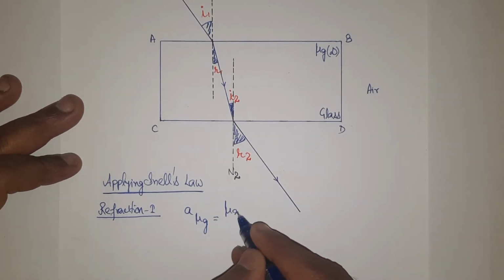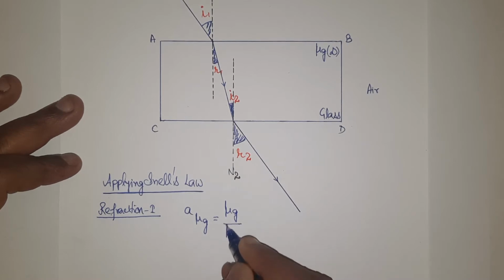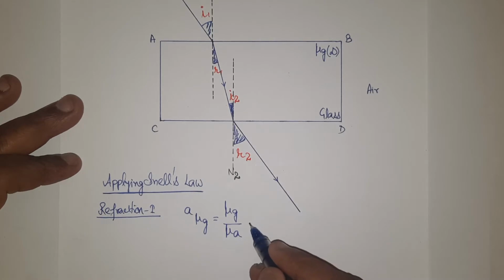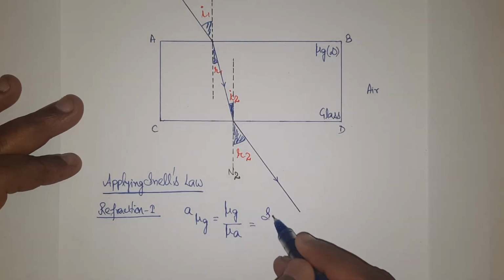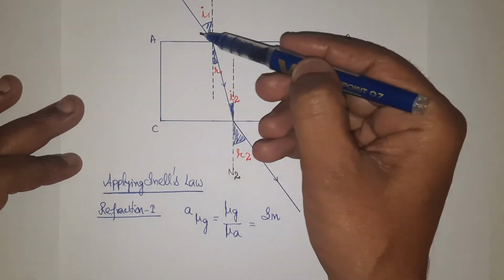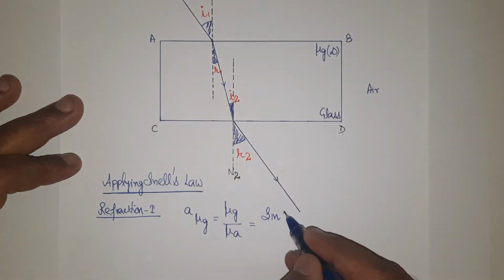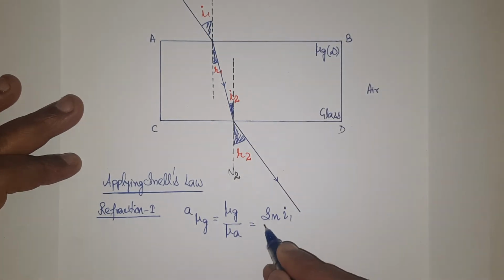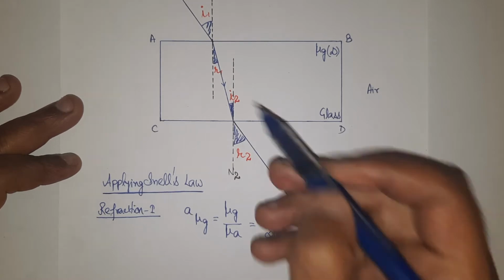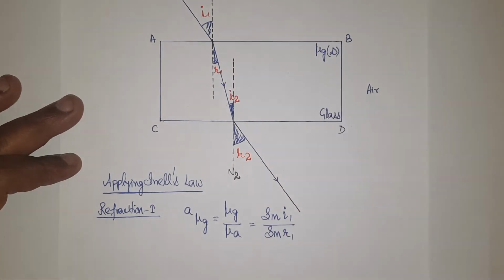Refractive index of glass with respect to refractive index of air will be equal to sine of angle of incidence, that is I1, over sine of R1, the angle of refraction for the first refraction.